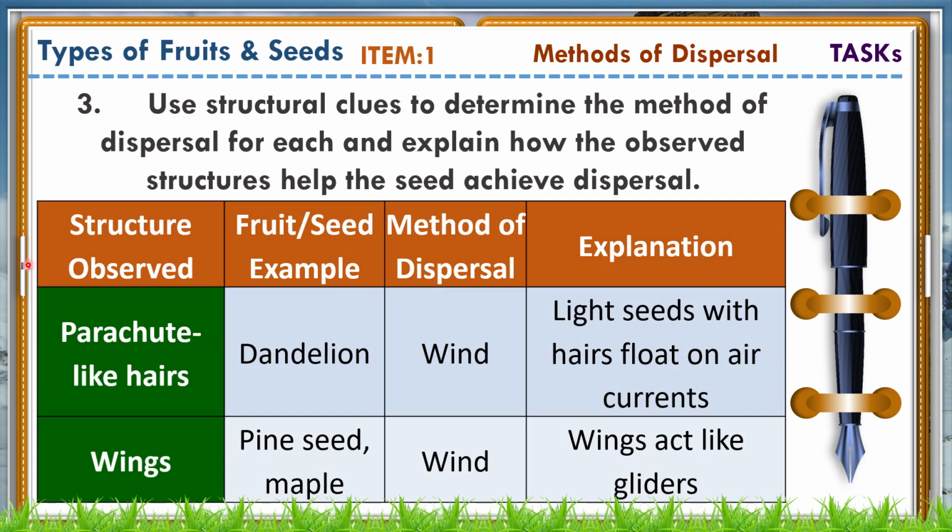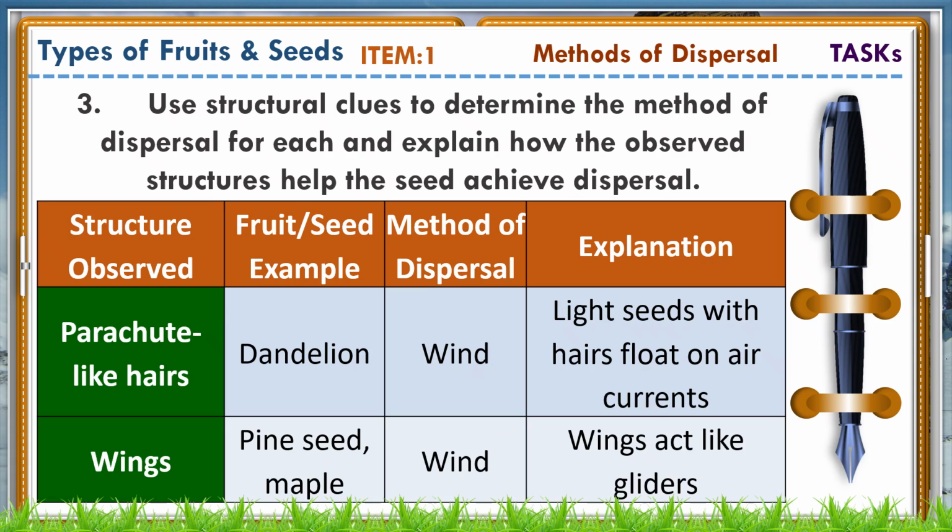We have the structure observed, the fruit or seed example, method of dispersal, and explanation of how the structure helps the seed to achieve dispersal. Now the structure we are looking at first is the parachute, which is like hairs. These can be found in dandelions. And the method of dispersal is by wind.